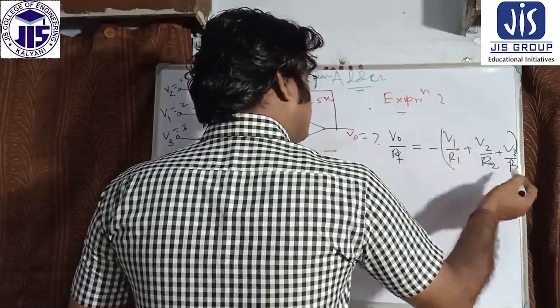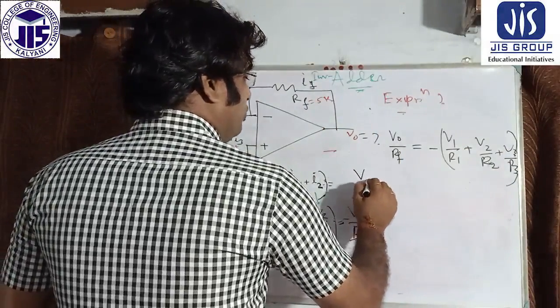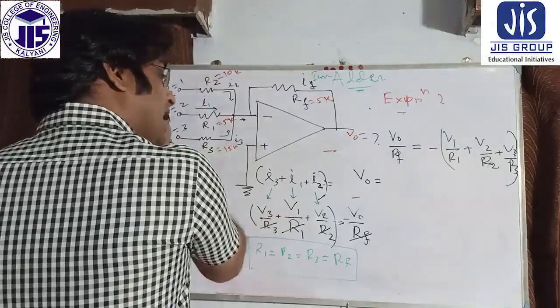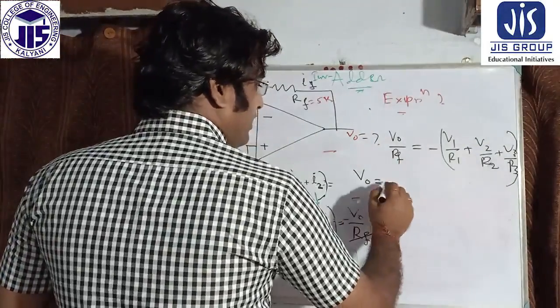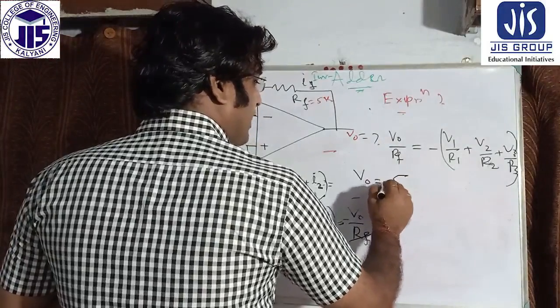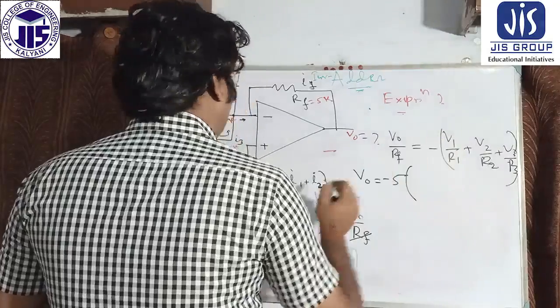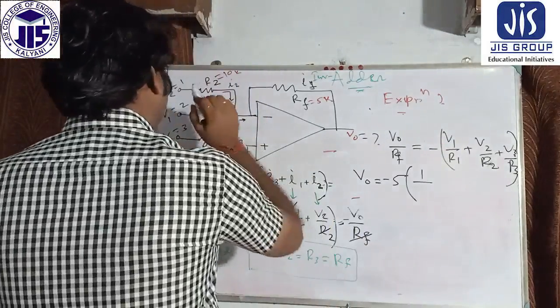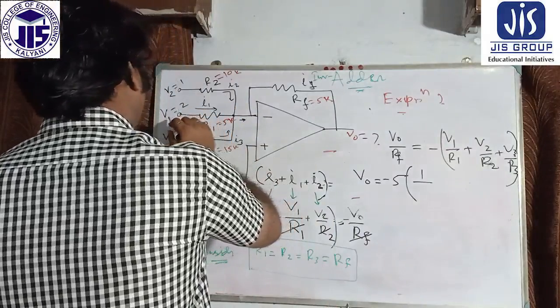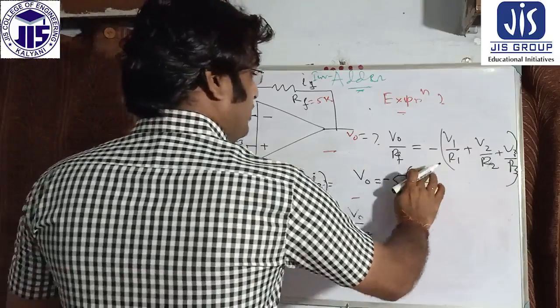So you just put in these values, and I want to know V naught equals how much. Rf is 5, this is minus, and V1 is 2 volt.